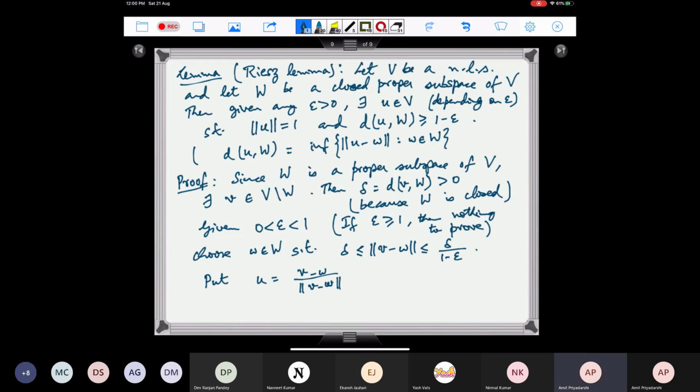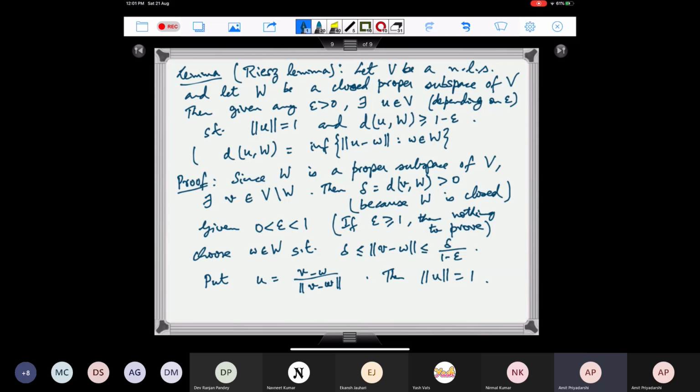So if we write u equal to v minus w by norm v minus w, then first of all, norm of u is equal to 1, and we have to see that d of u to W is bigger than or equal to 1 minus epsilon.